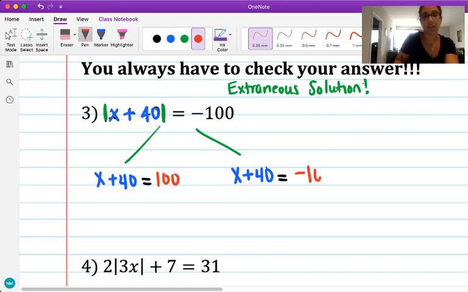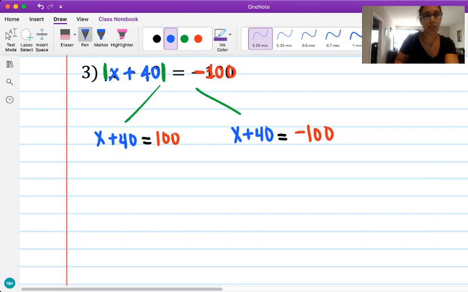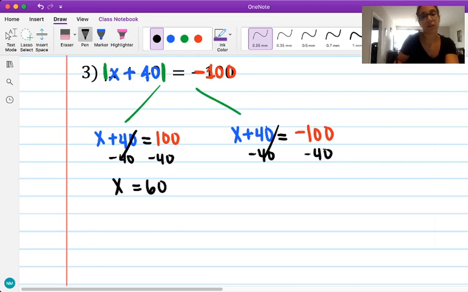So let's solve. I have minus 40 minus 40, and I get x equals 60 and x equals negative 140.